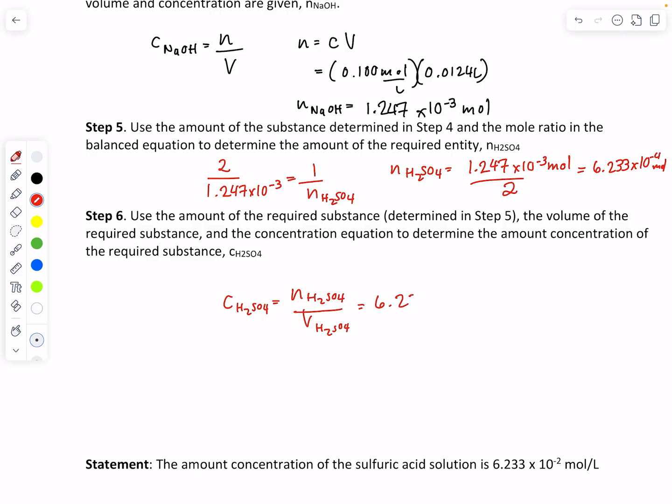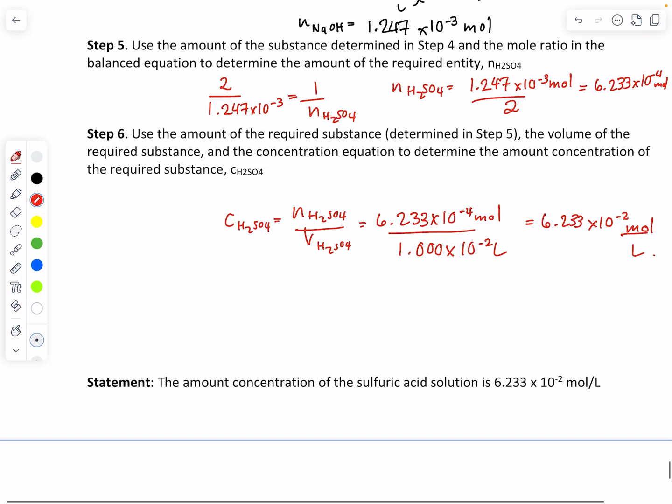That's 6.233 times 10 to the power of negative 4 moles divided by 1.000 times 10 to the power of negative 2 liters. If we punch this in, we end up with a concentration of 6.233 times 10 to the power of negative 2 moles per liter.